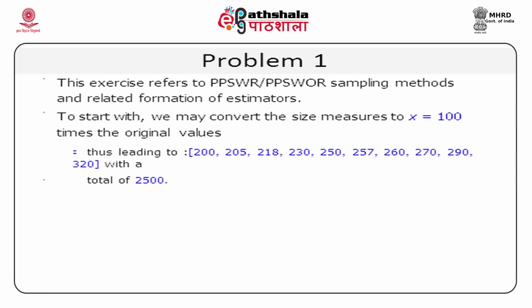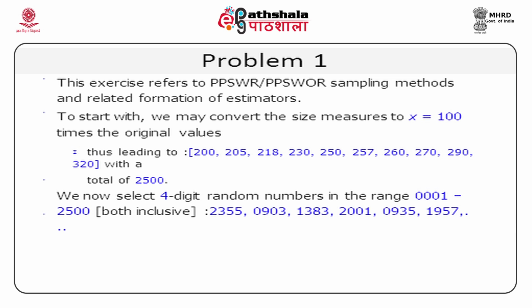To start with, because all the auxiliary size measures are like 2.0, 2.05 etc., you can multiply all of them by a suitable multiplier to make sure that you are dealing with only integers. So, that is why to start with you multiply everything by 100 to make the numbers read like 200, 205, 218 etc., with a total of 2500.